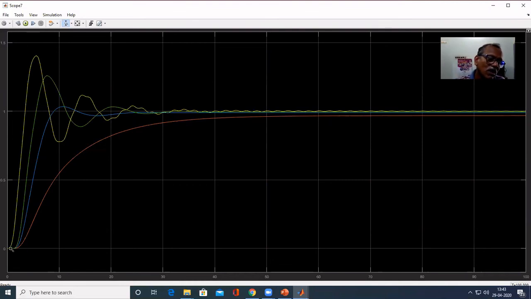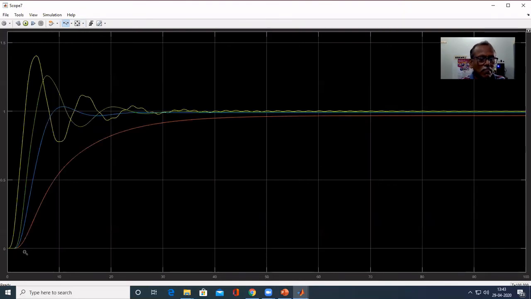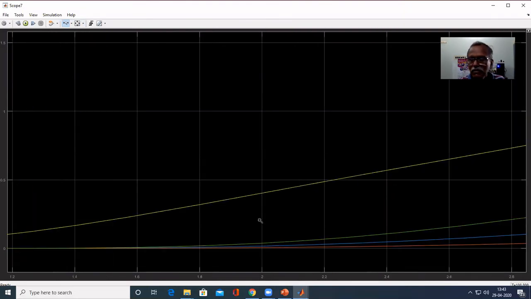If you see, all Dahlin's controllers start after two sampling periods, because here you can check that. You can check that here. All of them start here after two sampling periods.